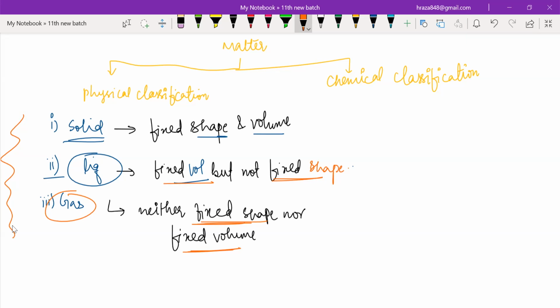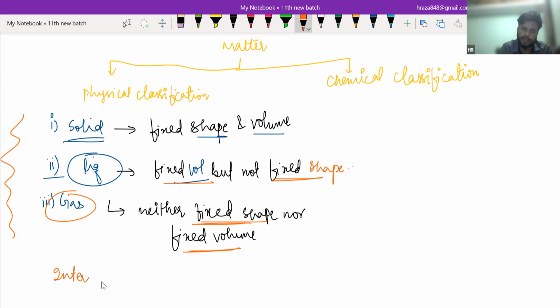Yes. Okay. One more important point: the main factor to decide whether something is solid, liquid, or gas is intermolecular forces. So basically, intermolecular forces of attraction.